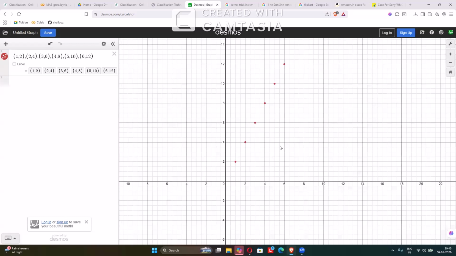Everyone is understanding this, right? What is happening in regression?